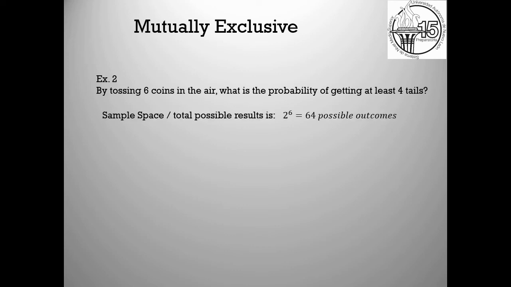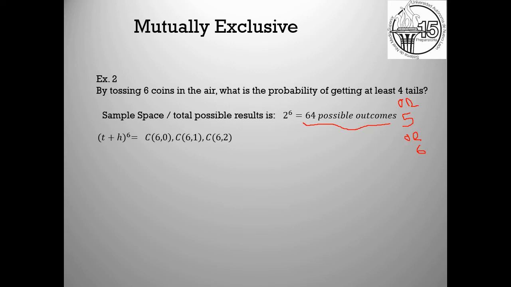That will be 2 raised to the power of 6, and we will have 64 possible outcomes. Now, we can get 4 tails or 5 tails or 6 tails. We need to calculate all the favorable results.